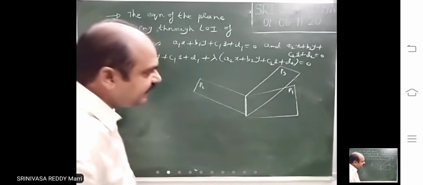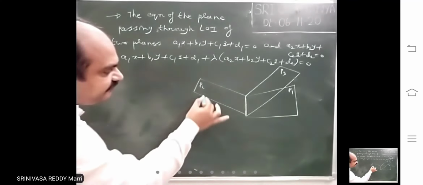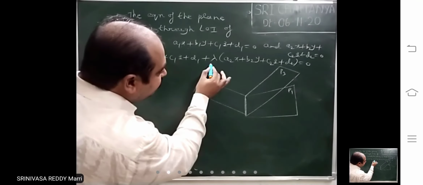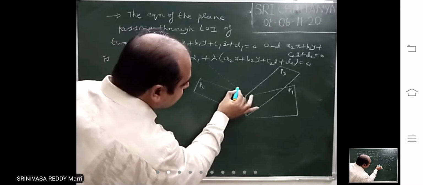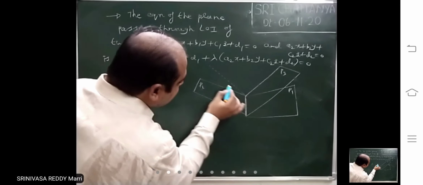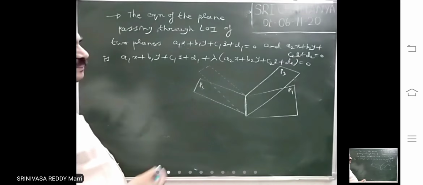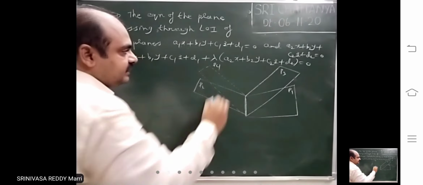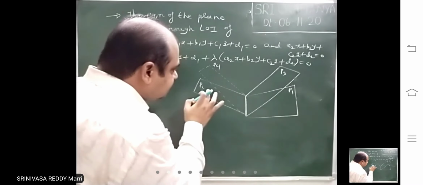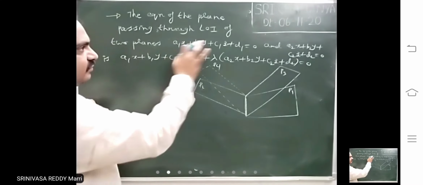Like that, how many planes will be there which have the common line of intersection of P1 and P2? You can draw infinite planes. If you keep another book, then another plane will come. P1 and P2 are the planes given to you.